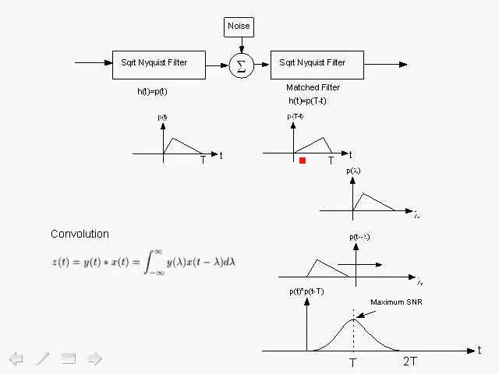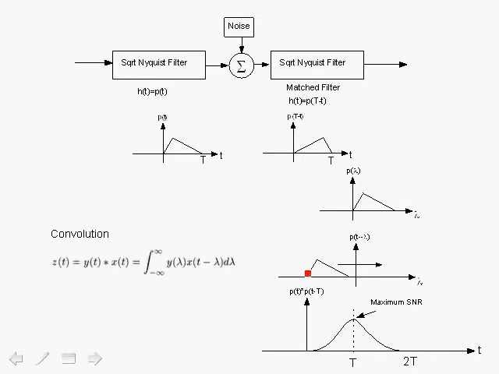So if this is the impulse response here, we need to get its mirror image because we have minus lambda. So notice that the match filter, which was already the mirror image, in the convolution gets flipped again and actually becomes the pulse itself. And as time varies, we shift the pulse, and of course we multiply the two and integrate for every time and obtain the convolution as a function of time shown over here.